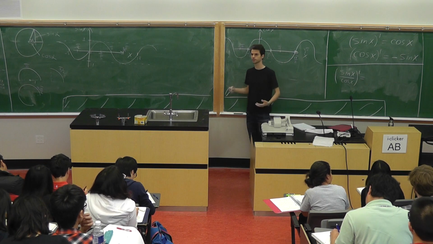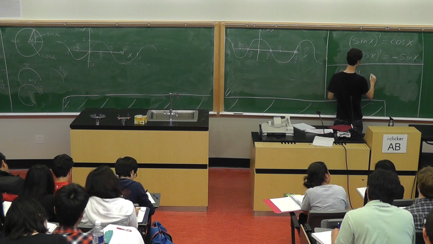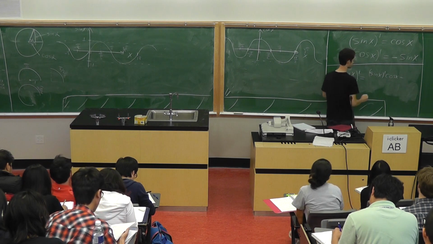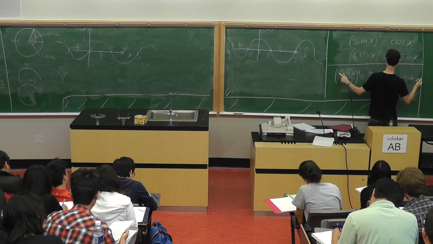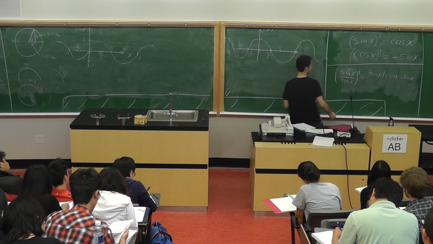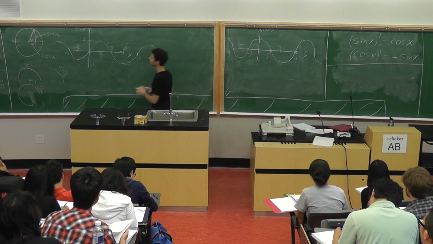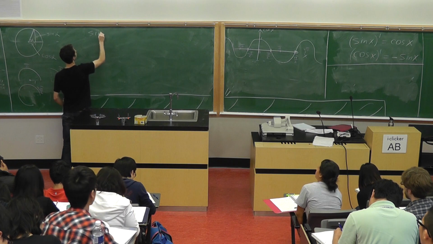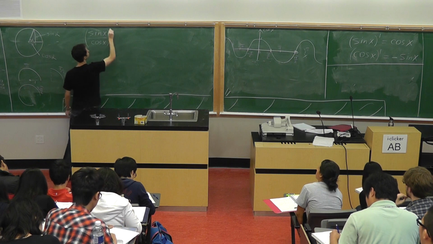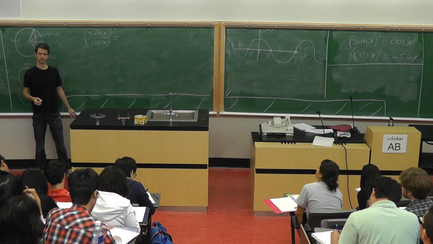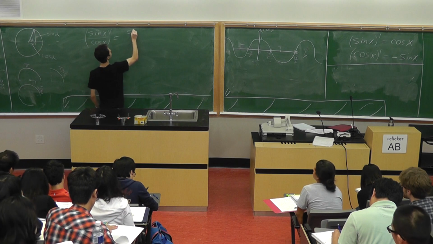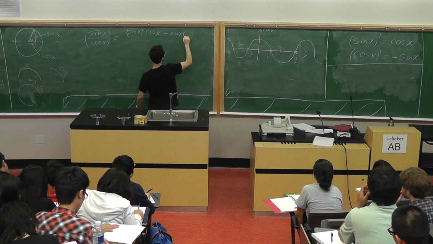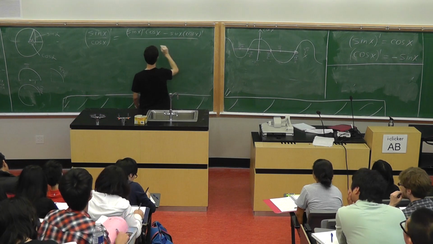Here you have a quotient, just apply the quotient rule. The derivative of the quotient sine over cosine is the derivative of sine times cosine, minus sine times the derivative of cosine, divided by the square of cosine.